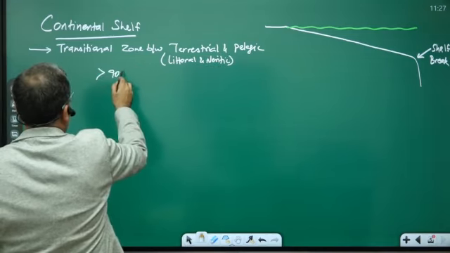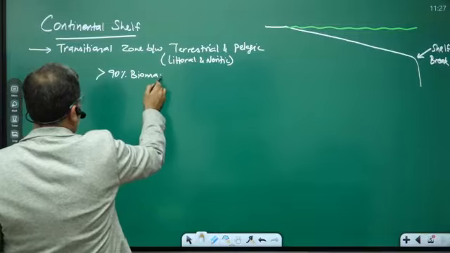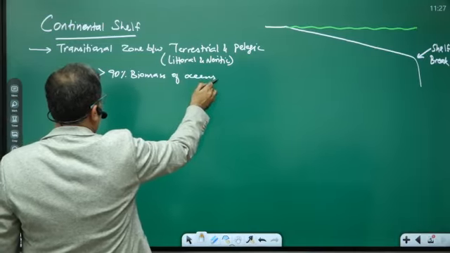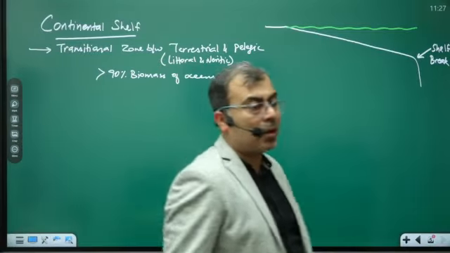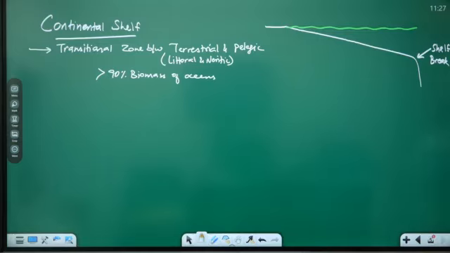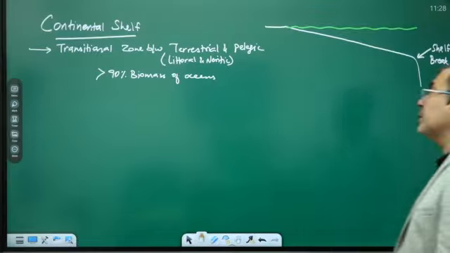More than 90% of the biomass of the oceans lies here. Why? Can anyone tell me why? Because it is the photic zone, all the photosynthesis is happening here. Absolutely correct. Okay, perfect.